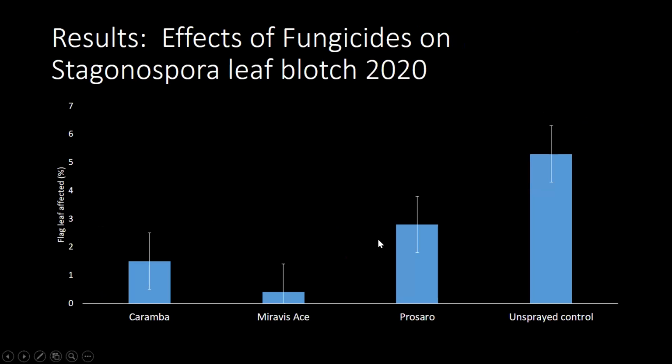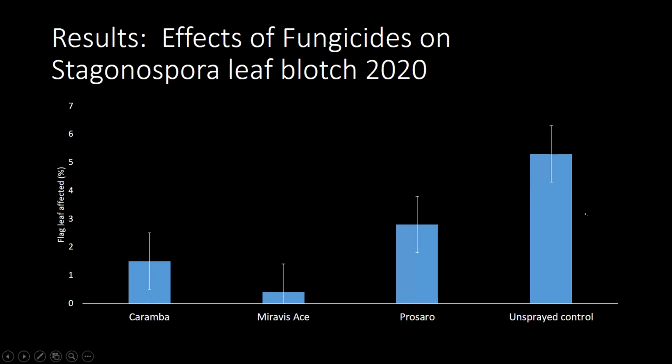The other thing that people ask oftentimes with these fungicides is, well, what about these other foliar diseases I have? Stagonospora leaf blotch is probably one that we encounter most commonly because it's residue borne and it's really something that does kind of have a local effect. And so what you can see here is we were rating in 2020 on our fields our flag leaves that were affected at soft dough.